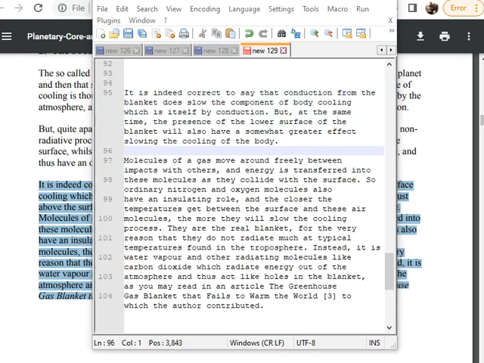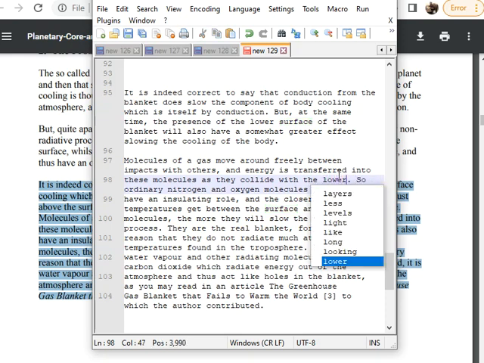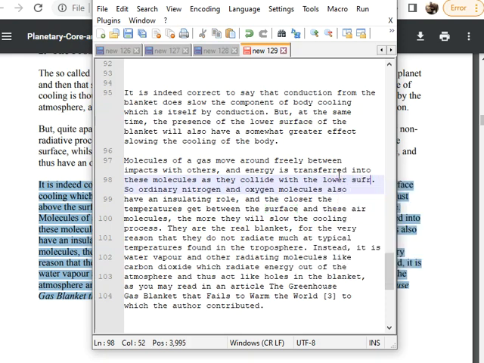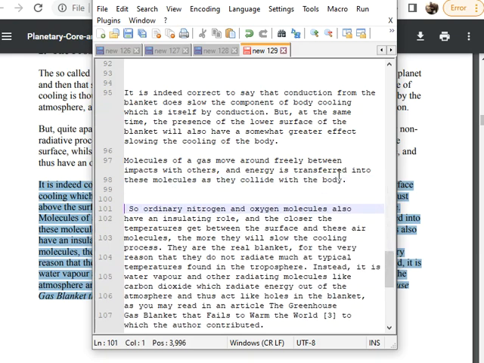Okay, molecules of a gas move around freely between impacts with others, and energy is transferred into these molecules as they collide with the surface. And I'm pretty sure by surface we're talking about the lower surface. The body.